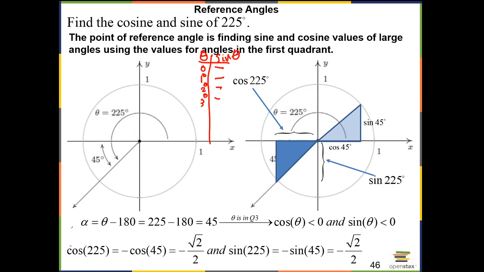So let's say they knew the sine of 1 degree, then they could find the sine or cosine of 181 degrees, or 359 degrees, right? So this way, using a table for angles from 0 to 90, they could find the ratios for all angles. And that's what they did. So this idea of reference angle, which is basically this angle right here, is very useful.